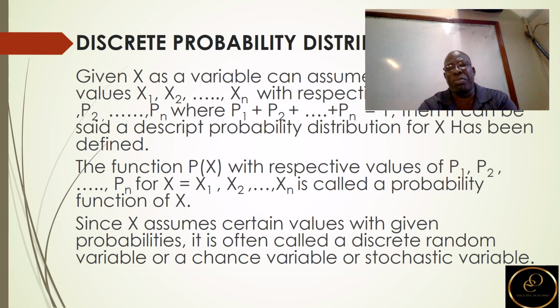When you talk about functions in terms of probability, we can write a mathematical statement reading p(x), which simply means the probability of x as a function with respect to values p1, p2 through to pn, for x which can take the values x1, x2, through to xn, meaning that there's a variation of values in that respect.